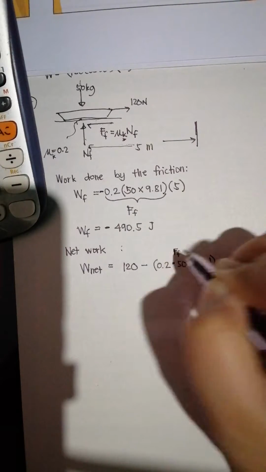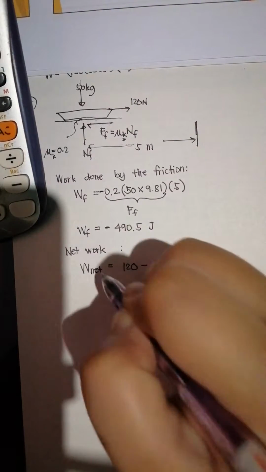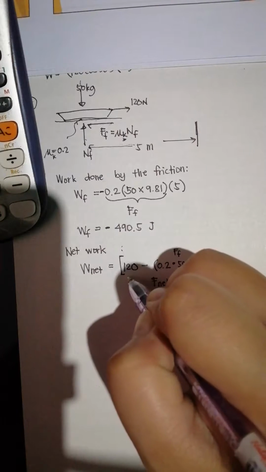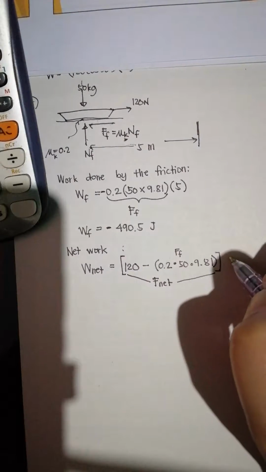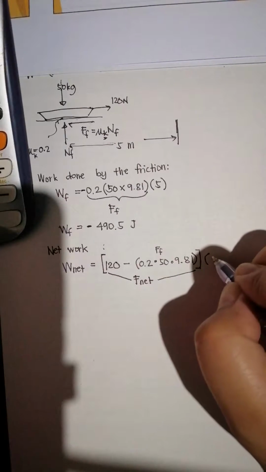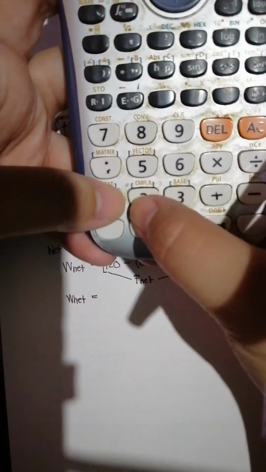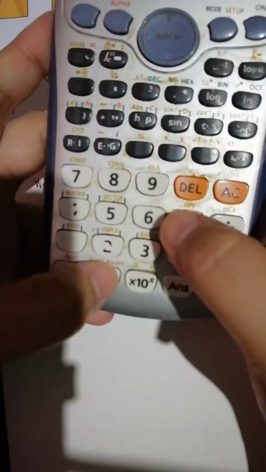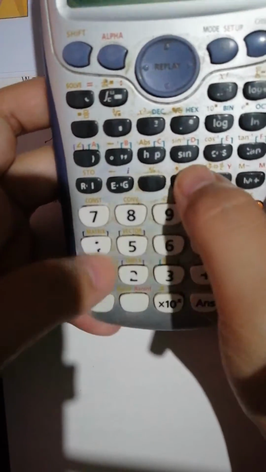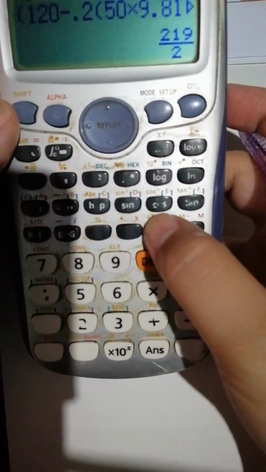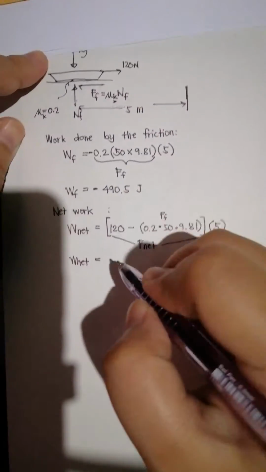This is the friction force. Then we multiply by the total displacement of 5 meters, so the net work done on the object is 120 minus 0.2 times 50 times 9.81, times 5 displacement, which will be 109.5 joules.